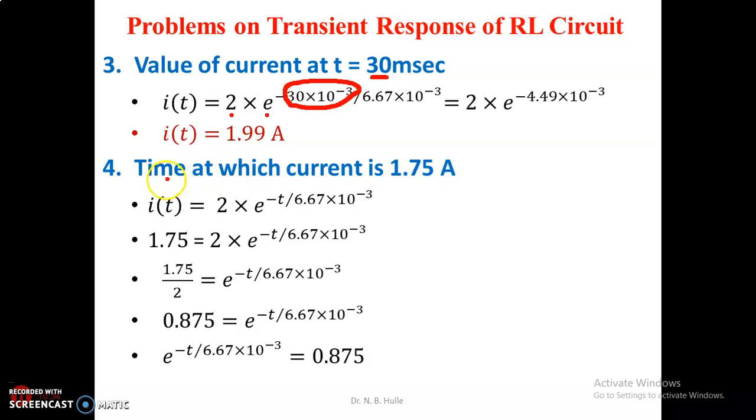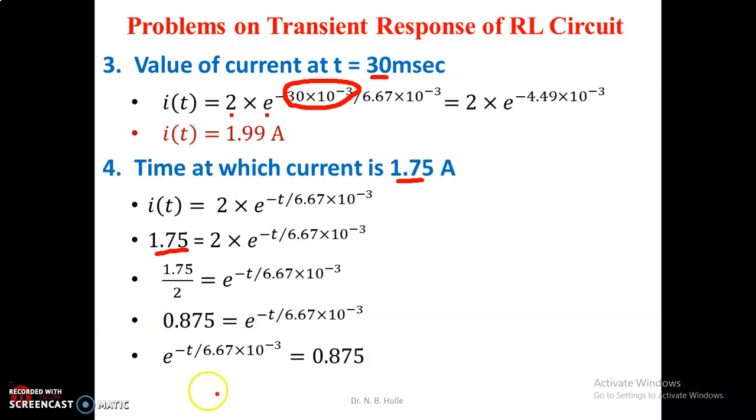Next, we will find out the time at which the current is 1.75 ampere. We take the original expression, i of t is equal to 2 into e raised to the power of minus t by tau, where tau is 6.67 into 10 raised to the power of minus 3. We put i of t as 1.75, so 1.75 is equal to 2 e raised to the power of minus t by 6.67 into 10 raised to the power of minus 3.